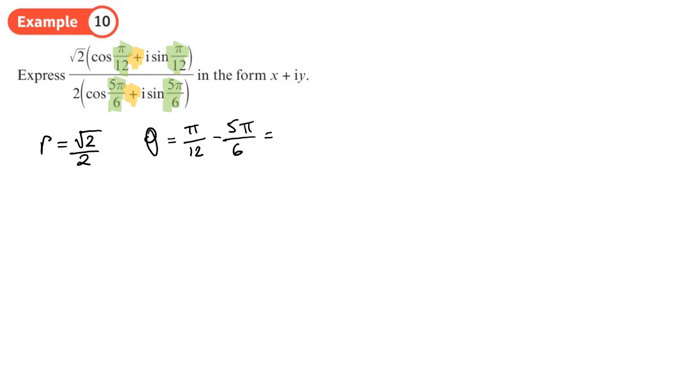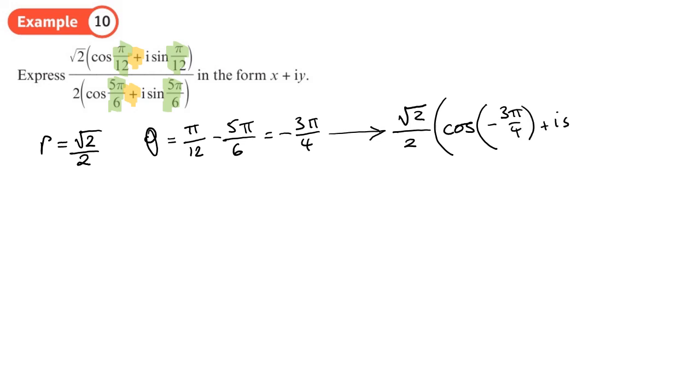So I get negative 3/4, which is negative 3/4 pi. Oops, that's meant to be a pi there. Negative 3 pi over 4. Okay, so in modulus argument form, I've got root 2 over 2 times cos negative 3 pi over 4 plus i sine negative 3 pi over 4.